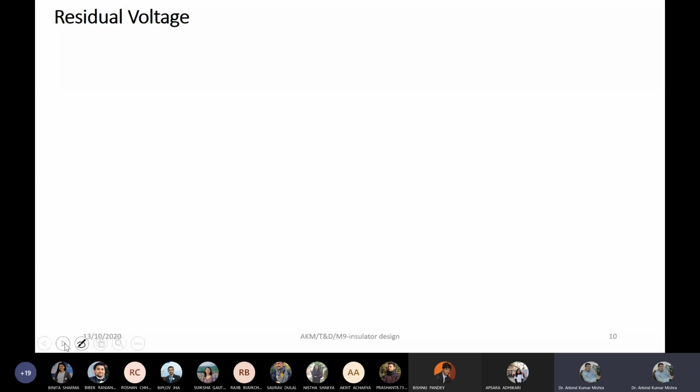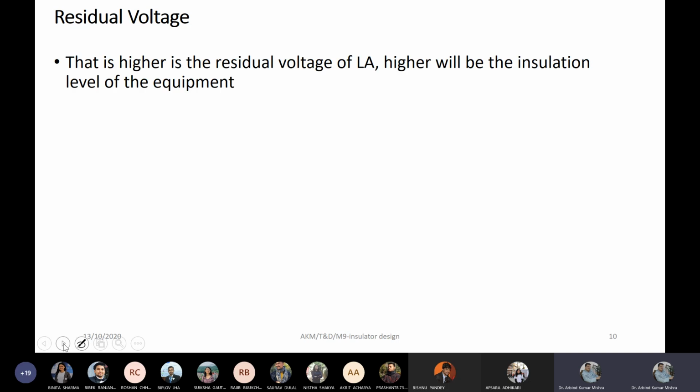So just understand, or summarize, what the factors affecting this residual voltage are. As we have just pointed out, the higher the residual voltage of the lightning arrester, the higher the insulation level of the equipment will be, obviously, because the equipment insulation should withstand more voltage than whatever the voltage across the lightning arrester under conduction is.